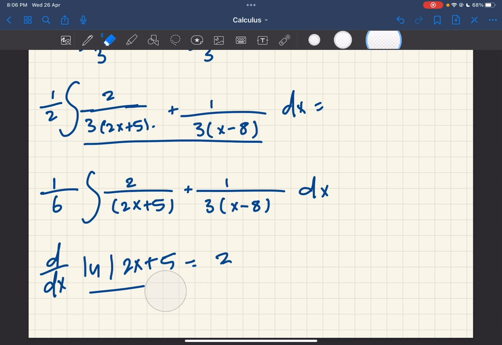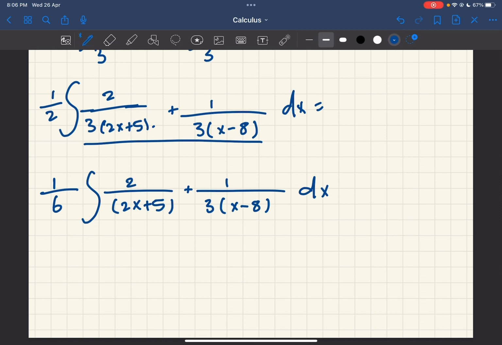So let me write the answer: 1 over 6 ln of 2x plus 5.